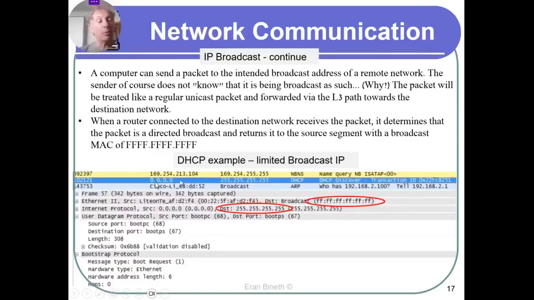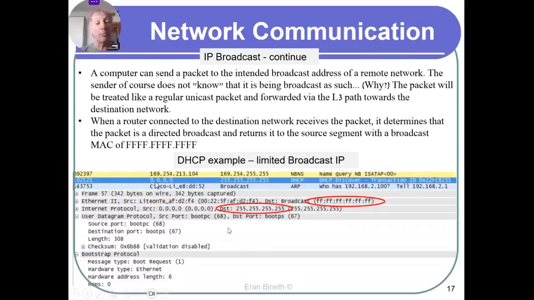The DHCP presents an issue. DHCP, Dynamic Host Configuration Protocol, is a protocol to obtain an IP from a bank of addresses. There's a problem because when we obtain a new IP, we don't have an IP already. We don't know anything, not to mention the mask or the router IP, nothing.